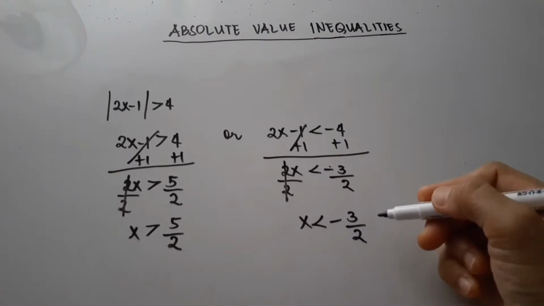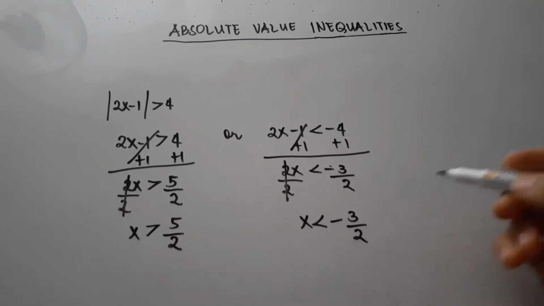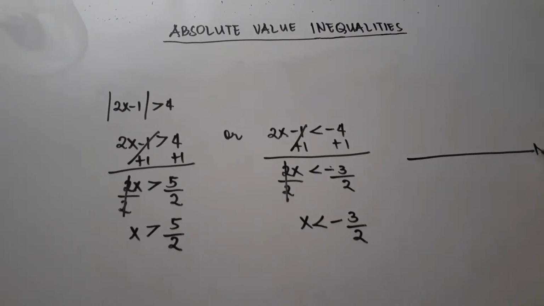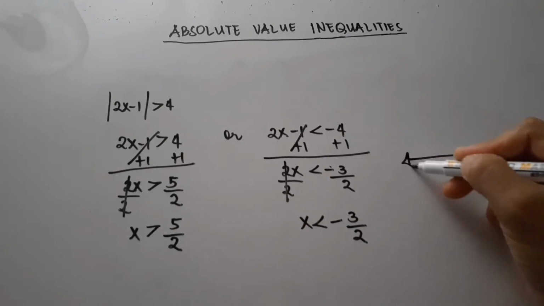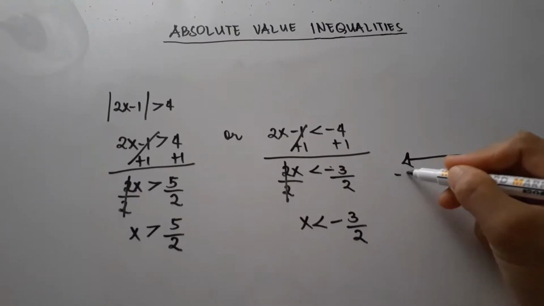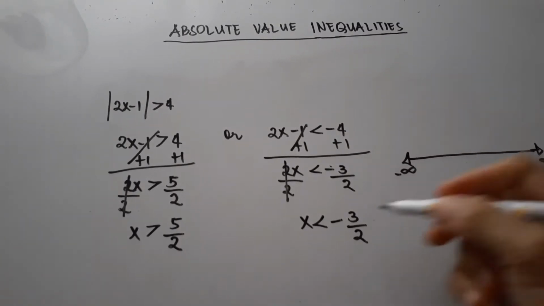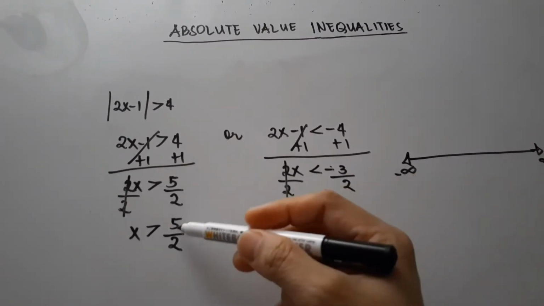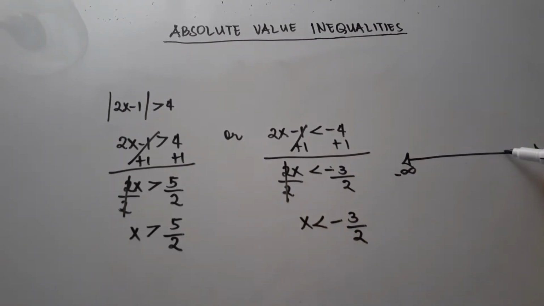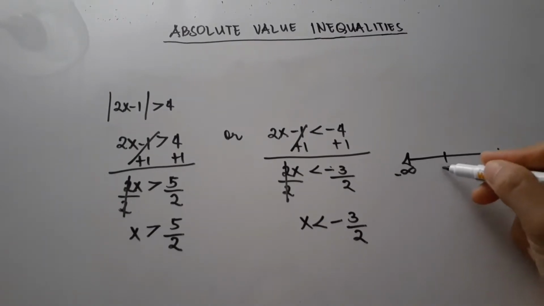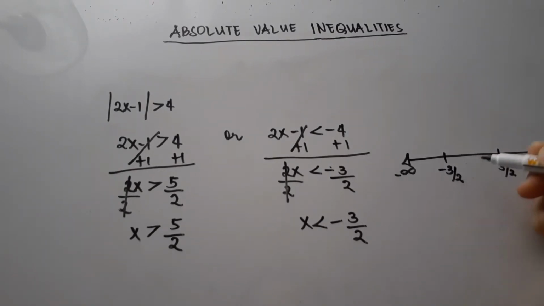And then we locate the directions in interval notation, so we can draw the number line here. This side is negative infinity and this side is positive infinity. So when we locate this, x is greater than 5 halves, and on the other side x is less than negative 3 halves.